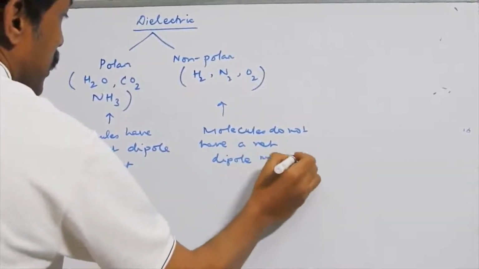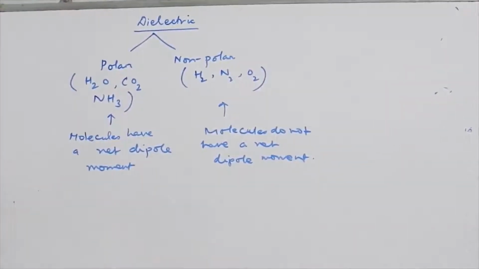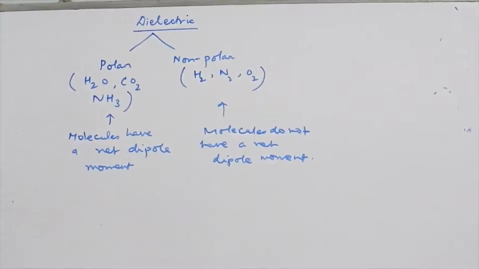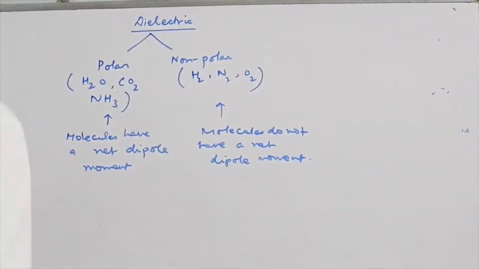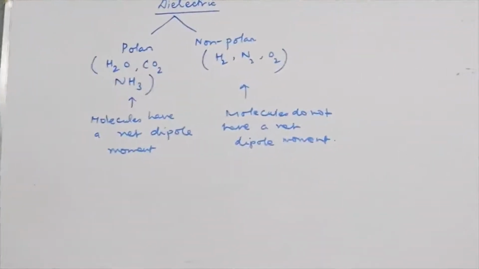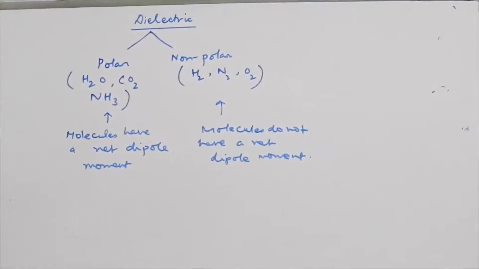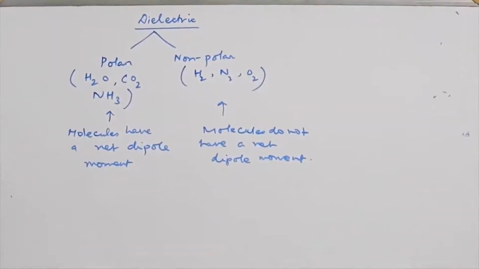However, in the presence of the externally applied electric field, the dipoles will tend to align themselves along the direction of the field, and that will reduce the externally applied electric field. Ultimately, whether it is polar or non-polar, it will get polarized in the presence of the externally applied electric field.